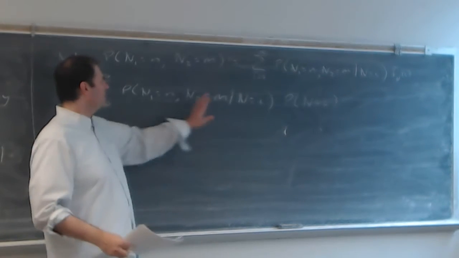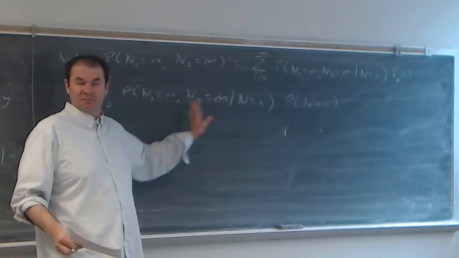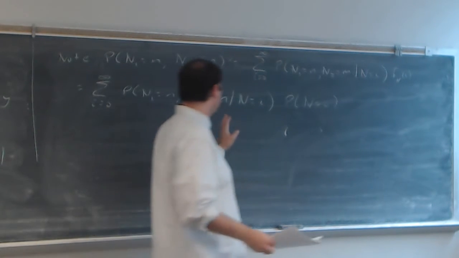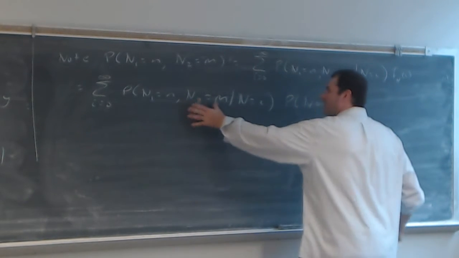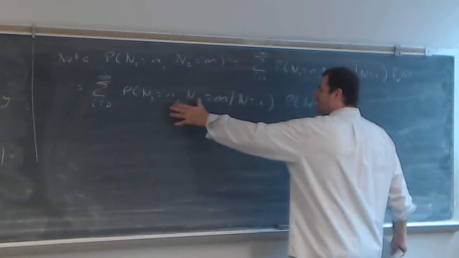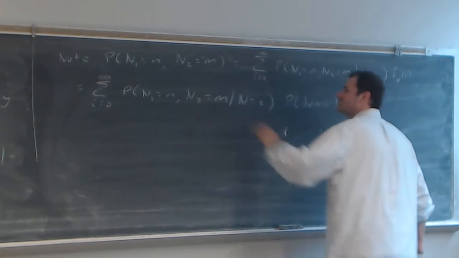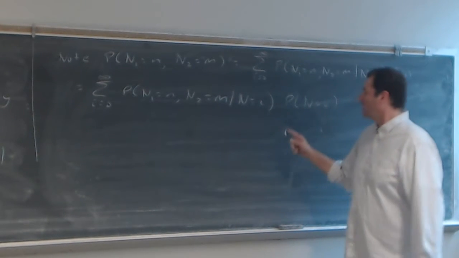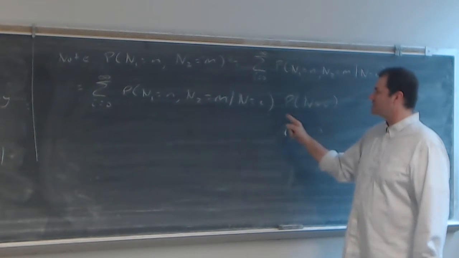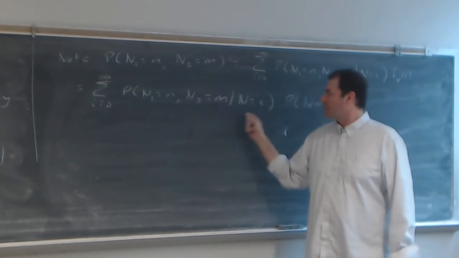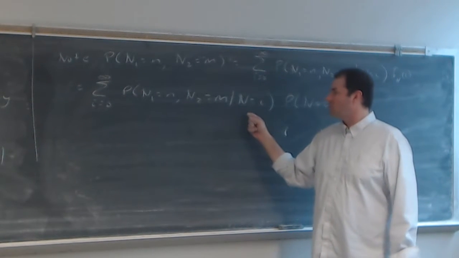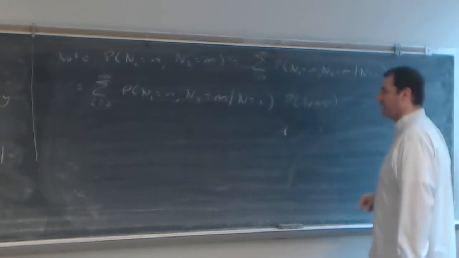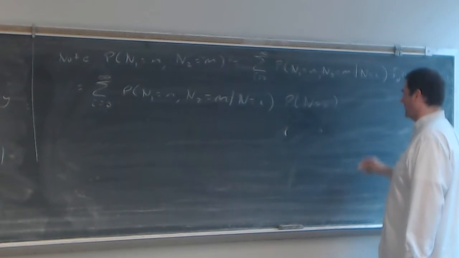Now, for that part, what we're thinking is n can be anything, m can be anything, but we're going to think of them as fixed arbitrary things, and i is changing. It's running from 0 to infinity. But here's what I want you to notice. As i changes, the only way that we can get something non-zero is when i is equal to n plus m.